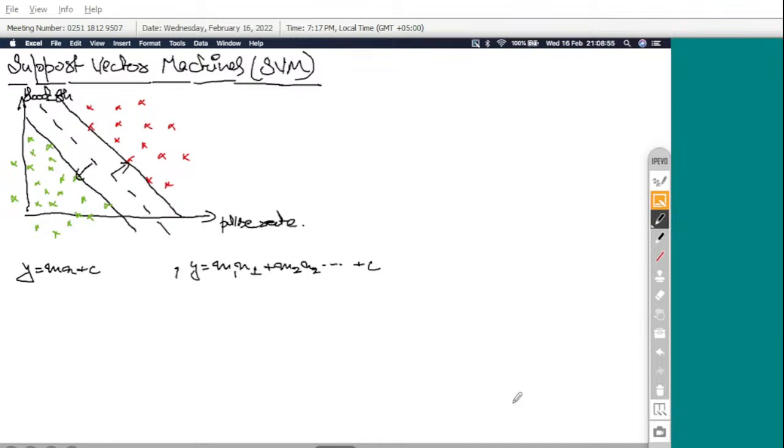Support vector machines are also classification algorithms, and we discussed how they will perform the classification. Support vector machines can be used where we don't have vectors as well.